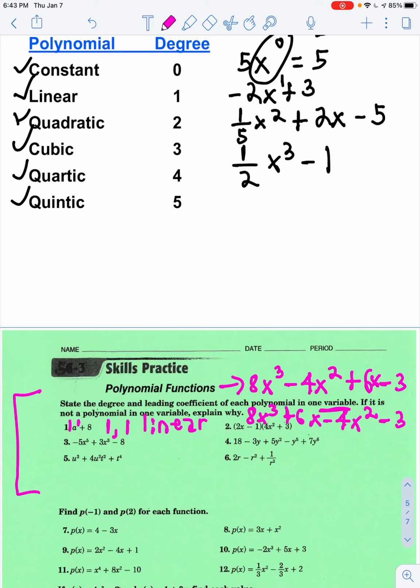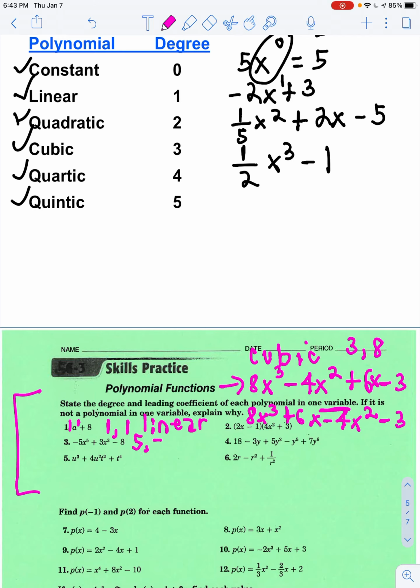So the degree here is 3. That's the largest exponent. And the leading coefficient is positive 8. And because the degree is 3, we would call this a cubic function. Number 3, it's already in standard form. It is a polynomial in one variable. Its degree is 5.